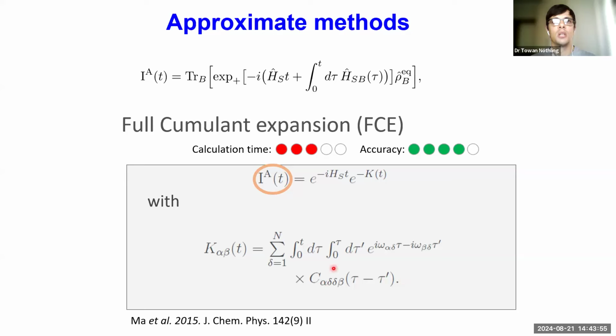As we expected, it's a second order cumulant expansion, so we only will see second order correlations, which is correlation between 2 time points.